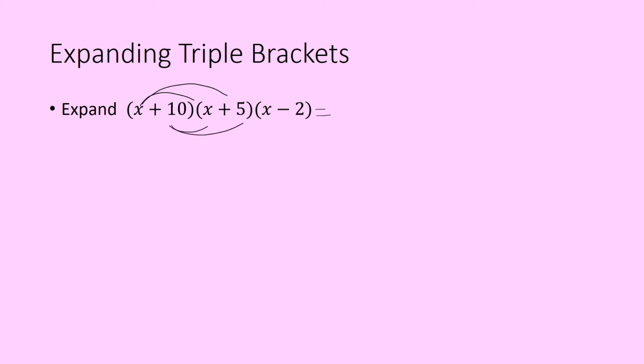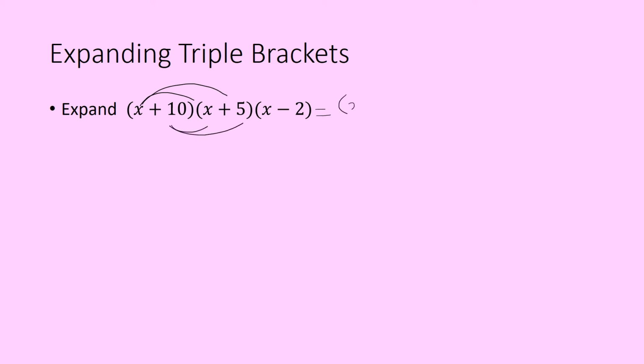Let's have a look at another example. We've got x plus 10, x plus 5, but this time we've got an x minus 2. So we have to be careful of that minus sign. First step would be to multiply the double bracket: x times 5, 10 times x, and 10 times 5.